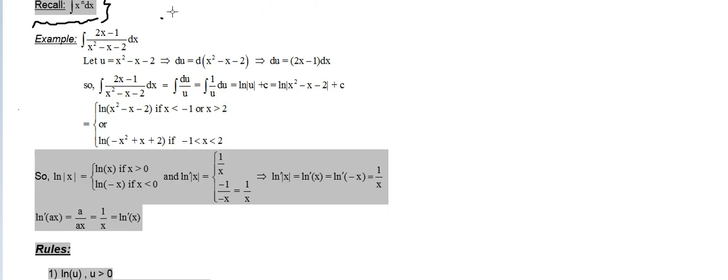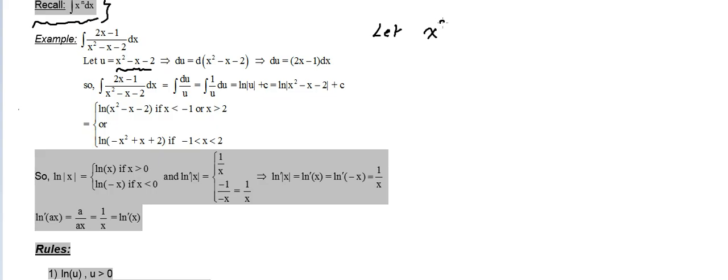It's the integral of 2x minus 1 over x squared minus x minus 2 dx. All right. What is that integral? Let u equal x squared minus x minus 2, as I did here.